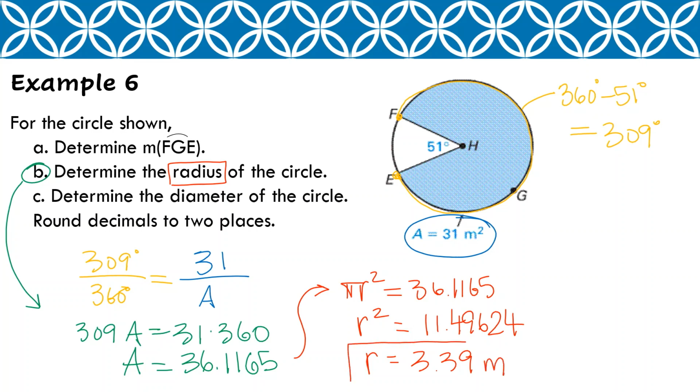That's the length of the radius. And by keeping several extra decimal places throughout my calculation, I avoided any kind of large rounding error. Finally, question C asks us to find the diameter of the circle. And we know that the diameter is equal to 2 times the radius. So I double the length of my radius, and the diameter is 6.78 meters.